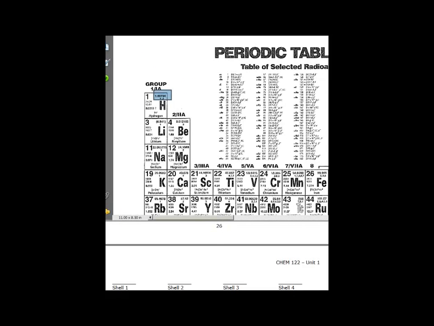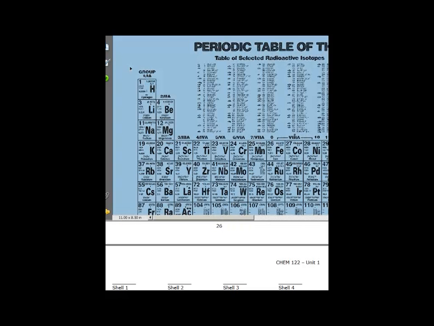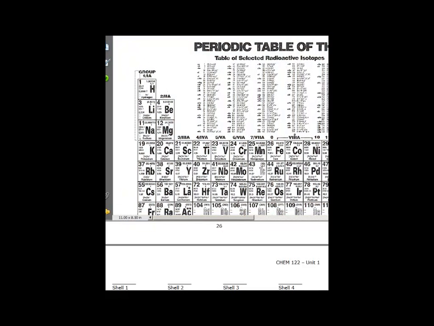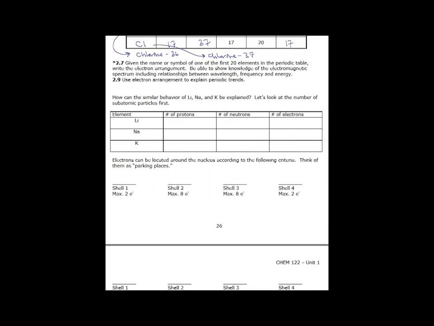Let's look at group 1. If you look at lithium, sodium, and potassium, they're all in group 1, and they all have similar behavior. So how can we explain this?